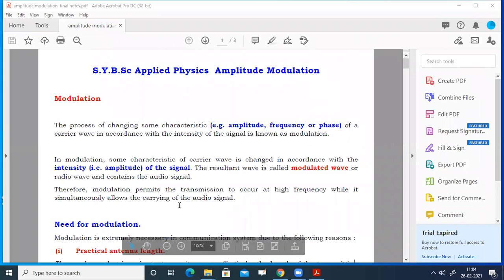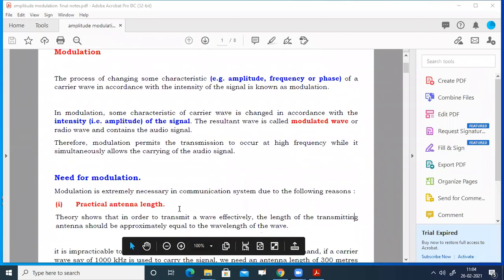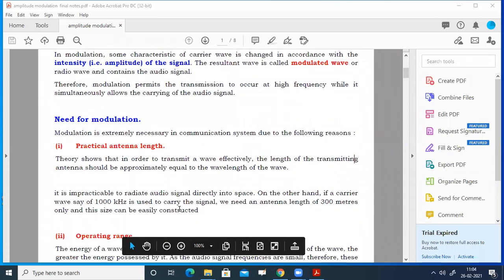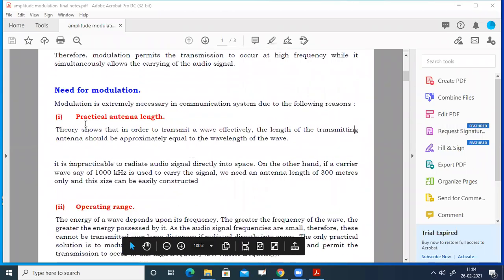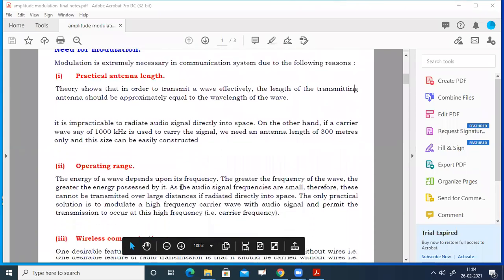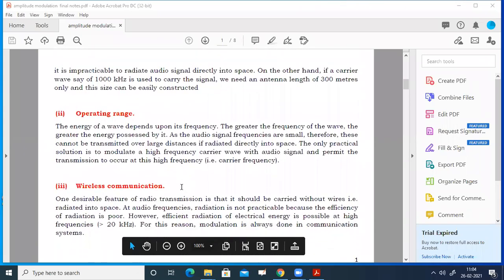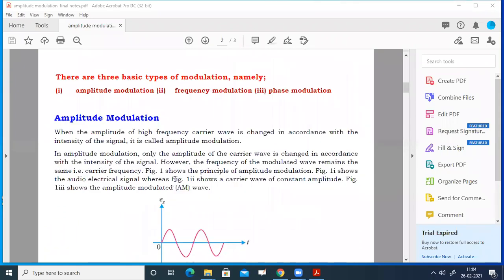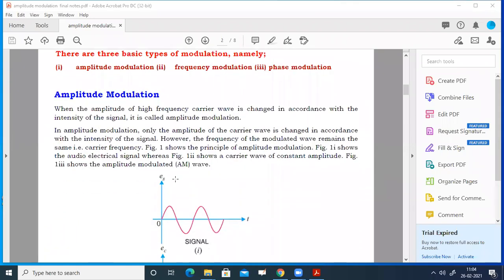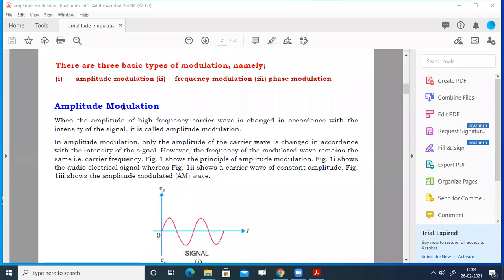signal. Then I have already explained the need of modulation in terms of practical antenna length, optical range, then wireless communication. Then the three basic types of modulation: amplitude modulation, frequency modulation, and phase modulation.